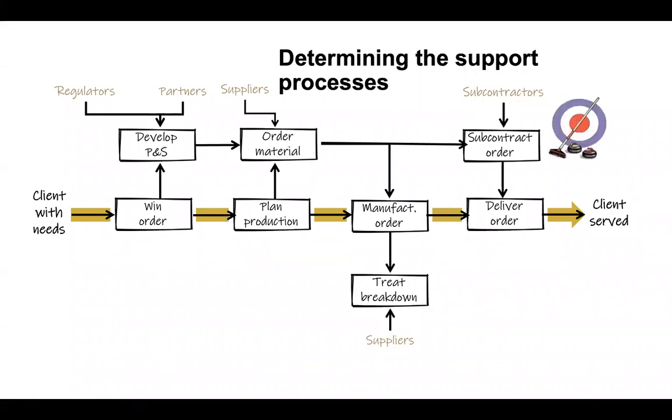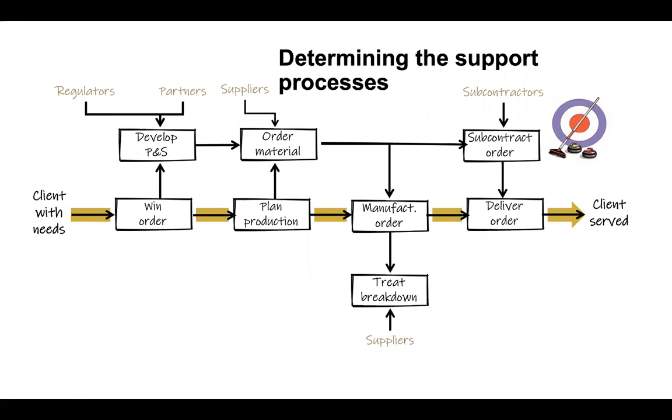So, these are supporting processes. They exist to serve the main processes. You know that winter sport called curling? Everybody in the organization is mopping the floor to reduce friction, to facilitate the customer service from clients with needs until client served.